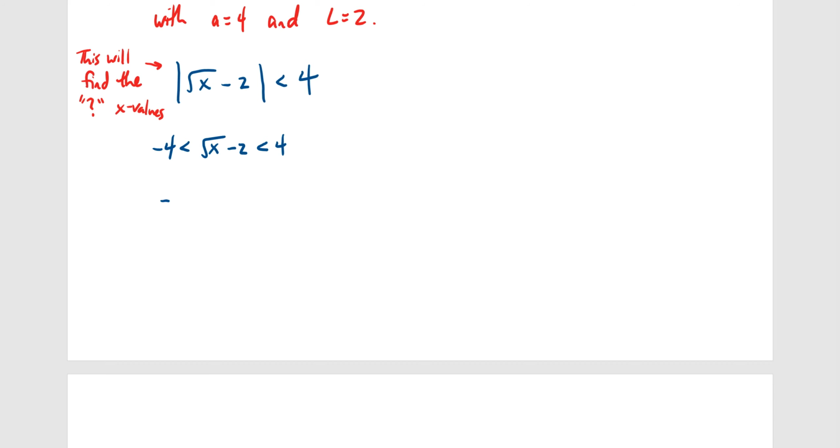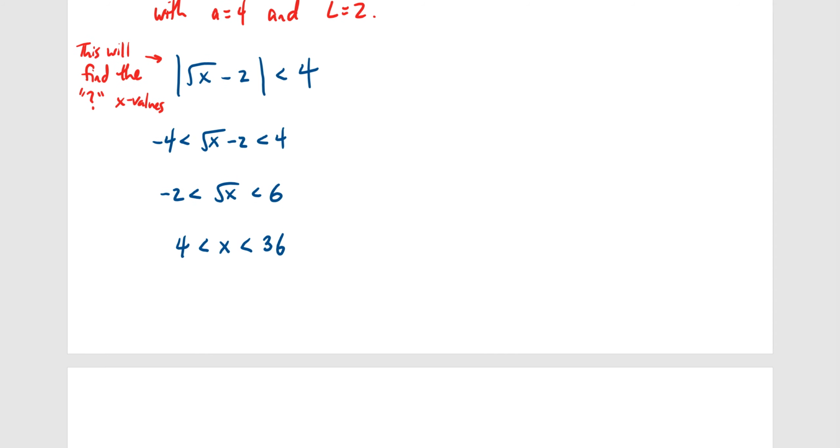Solving for x means we have to add 2, because we need x by itself here in the middle. We have to get rid of negative 2. We add 2 to everything, and we get radical x is between negative 2 and 6. And now to get rid of the square root, we square everything. So negative 2 squared is 4. That gives us just the x in the middle. And then 6 squared is 36.